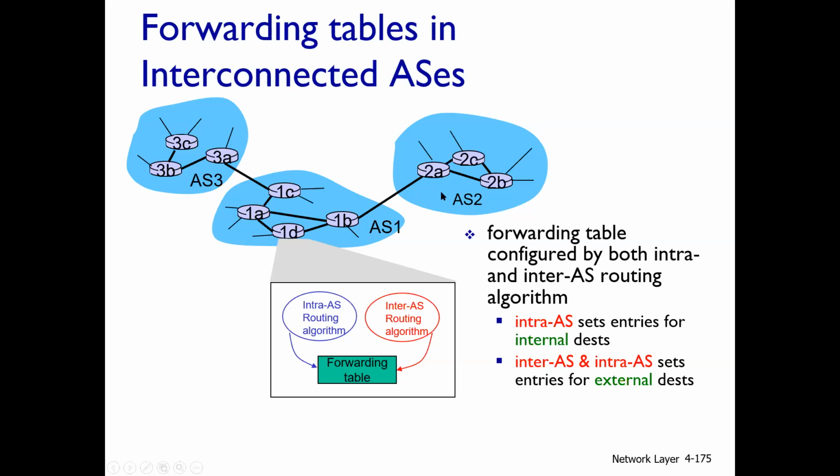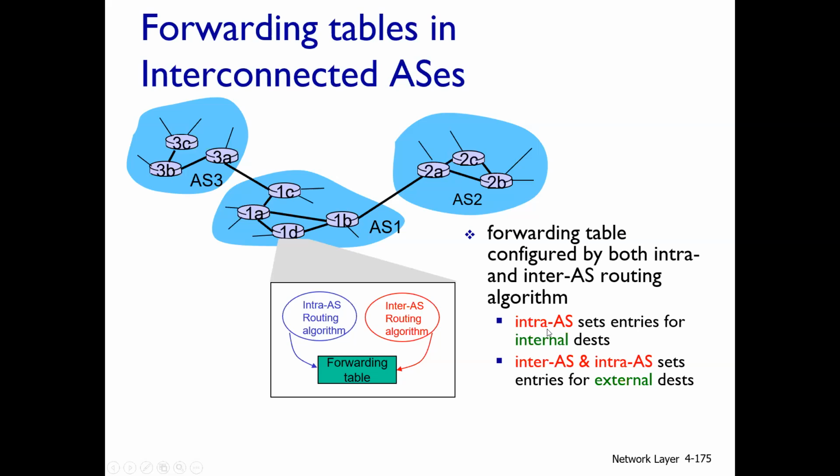And for that, it has to somehow get the information about which routes are outside my autonomous system, and then how should I get there, in terms of what is the next hop decision that needs to be taken at a particular router. So to do that, you have to have these intra-autonomous system routing algorithms as well as the inter-autonomous system routing algorithms. They will come into interplay to actually create the forwarding tables.